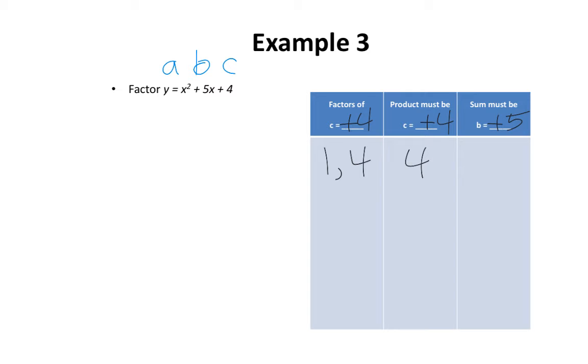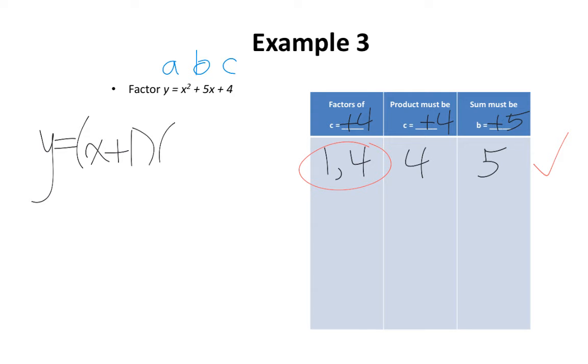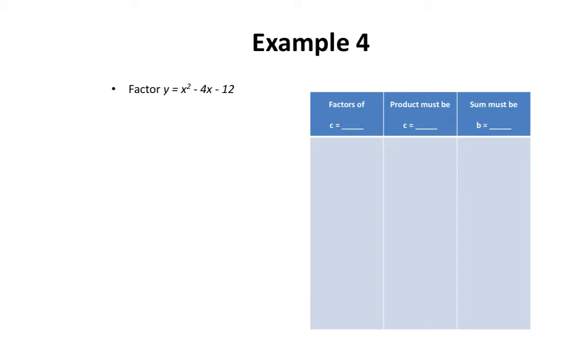Well, 1 plus 4 is equal to 5. Therefore, it looks like these two factors are good, and we can factor our parabola in standard form. So that is going to be x plus 1 multiplied by x plus 4.